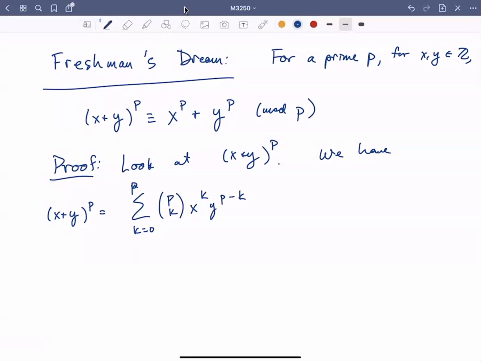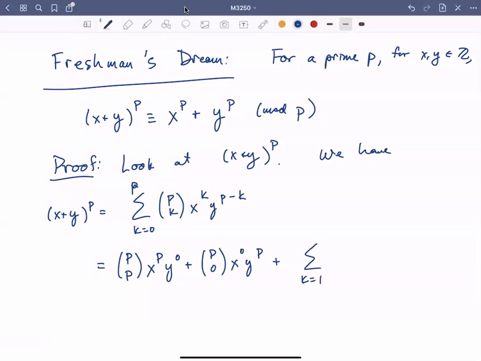I'm going to peel off the k equals 0 and k equals p terms, for reasons that we'll make clear soon. When k is equal to p, you end up with p choose p, x^p, y^0. When k is equal to 0, you end up with p choose 0, x^0, y^p, plus the rest of it.